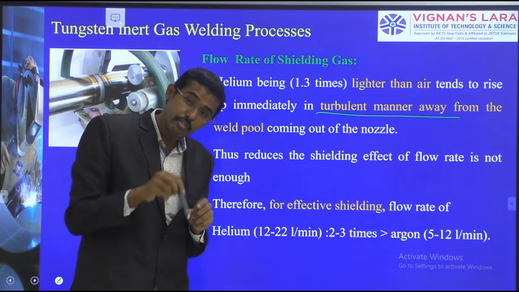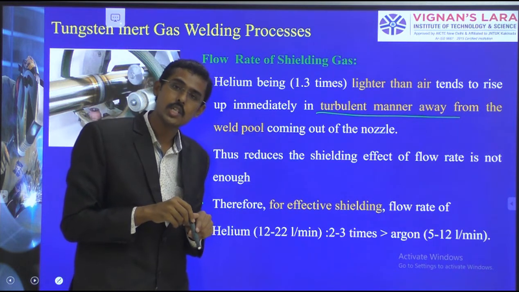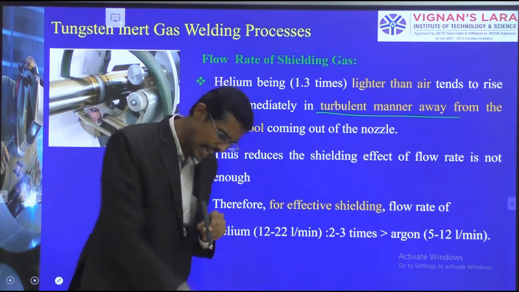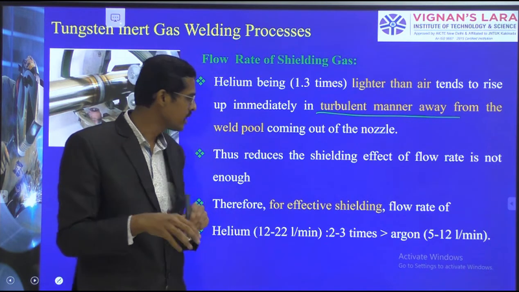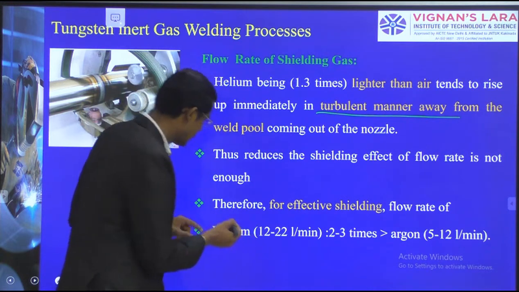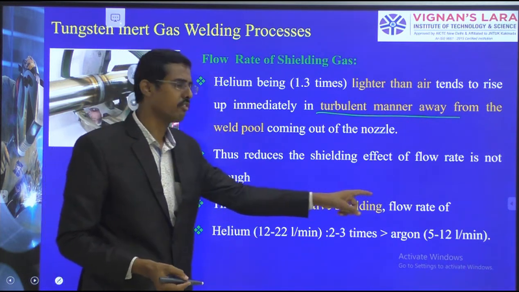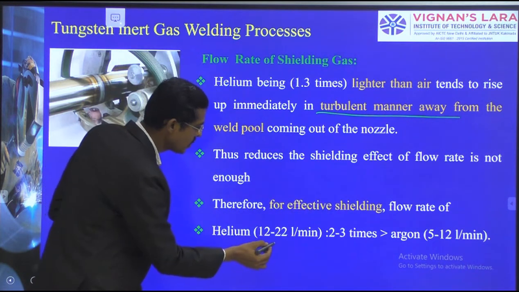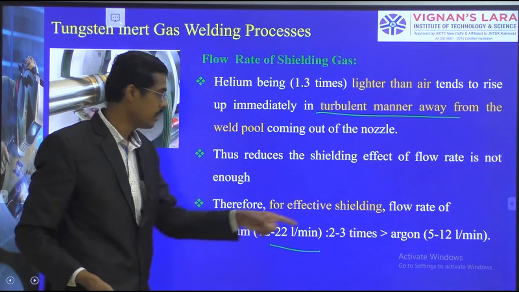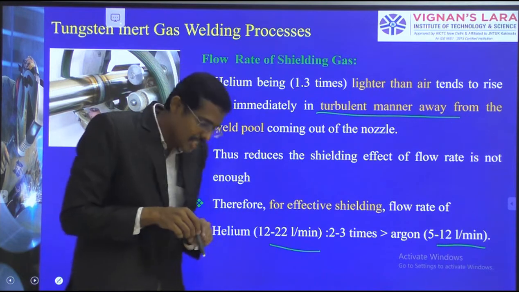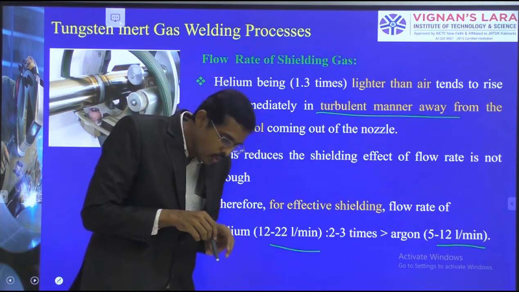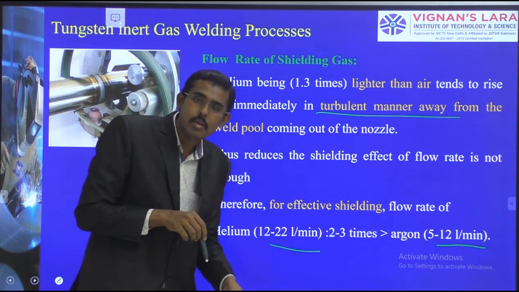If we are welding in the downhand position, helium shielding has to be given at a higher force, a higher liter per minute. Therefore, for effective shielding, helium is given 22 liters per minute, but for the same argon I am giving only 12 liters per minute, because it is already heavy, it is going to go down and it is able to protect.